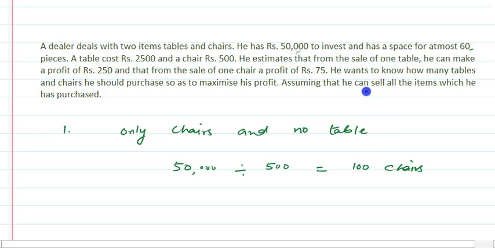Now, as it is given that he can sell all the items which he purchased, and on one chair he is getting a profit of rupees 75, his profit is 75 into 60, that is 4,500 rupees as profit if he purchased only chairs and no tables.